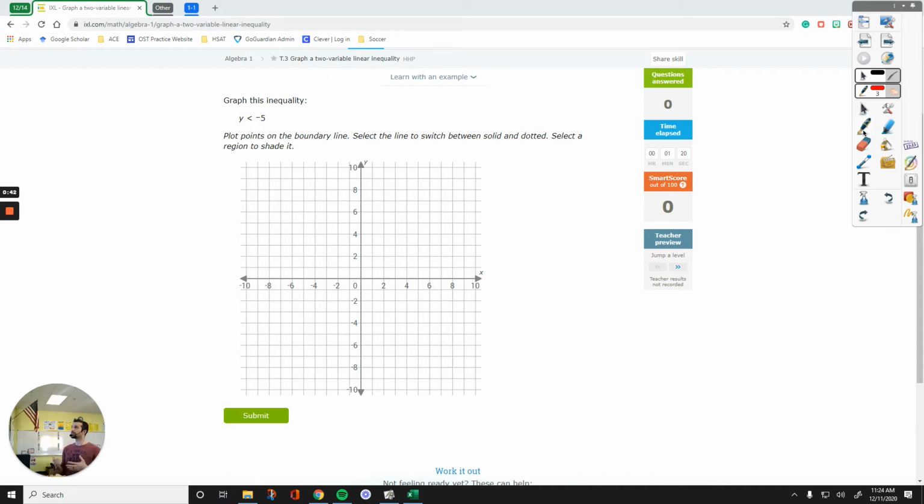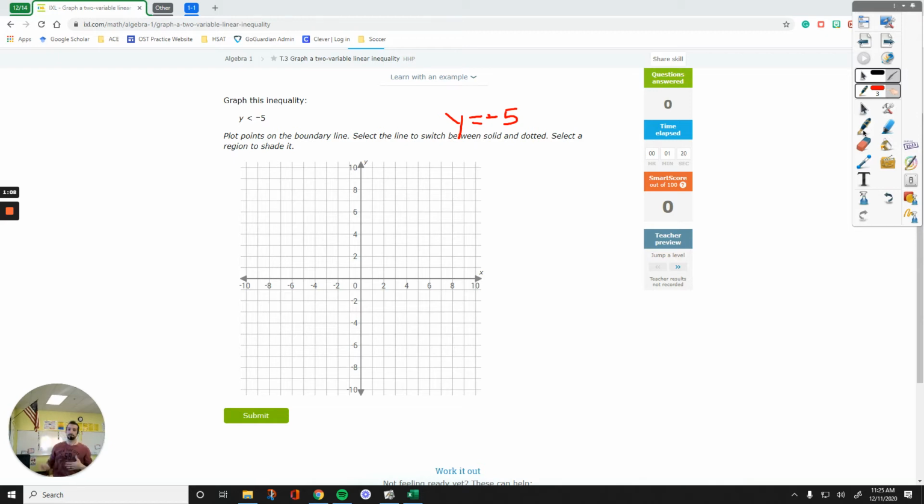So the first step is you just start as if you are going to draw the line of an equation. That sign, less than, greater than, is going to tell us what area to shade. It'll tell us what side of the line we are supposed to shade.